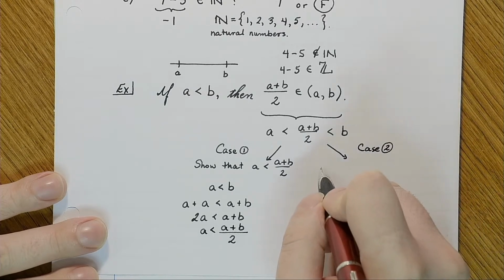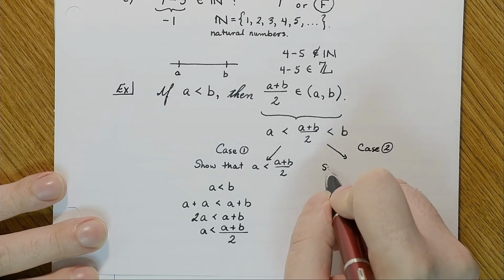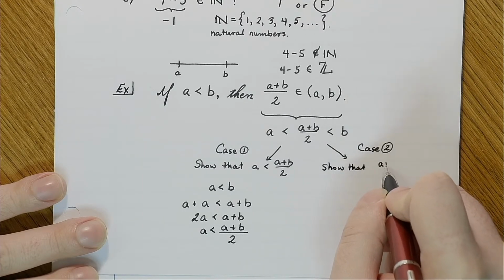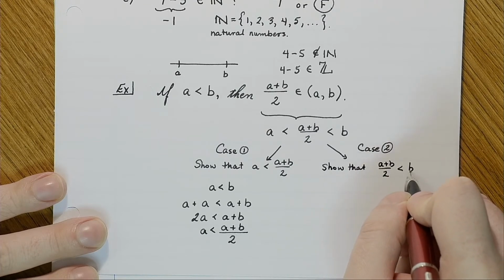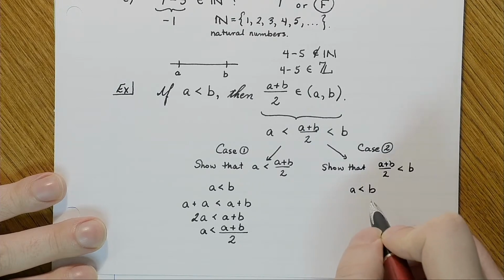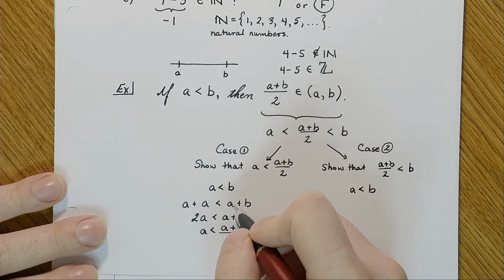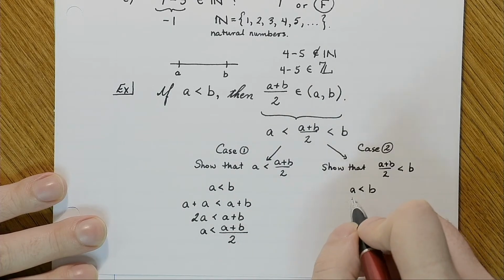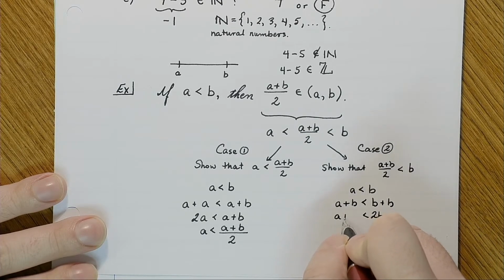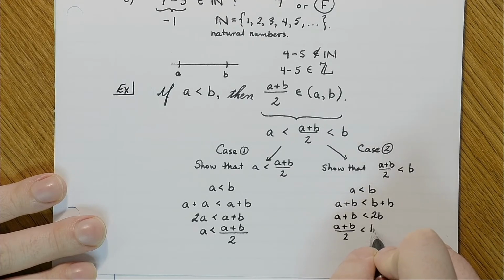In the second case, we need to show that (a plus b) over 2 is less than b. Again, we start off with a is less than b, but instead of adding a, which we did in the first case, we add b on both sides. So we get a plus b is less than b plus b, which is 2b, and dividing through by 2 on both sides, I get (a plus b) over 2 is less than b.